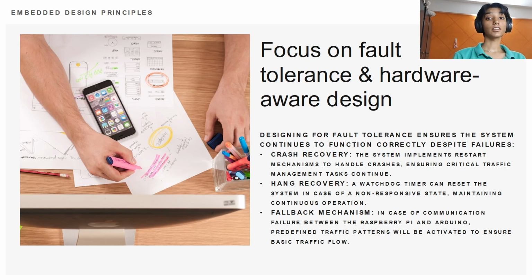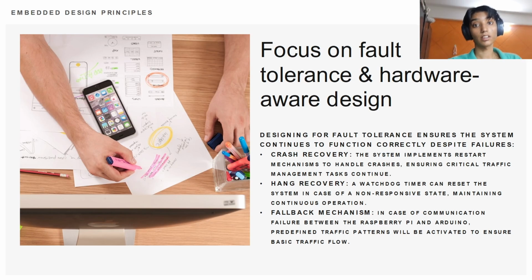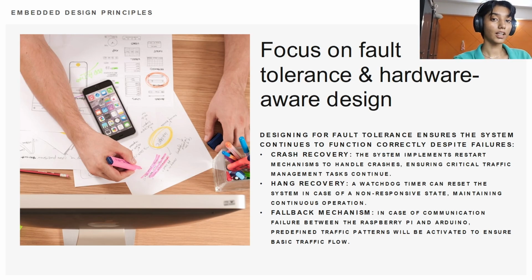Then the crash recovery: if the program crashes due to any sort of critical error, for example, if both the lanes have the same number of vehicles, what to do in that case? It will just switch to the traditional one. I'll do that inside the code.